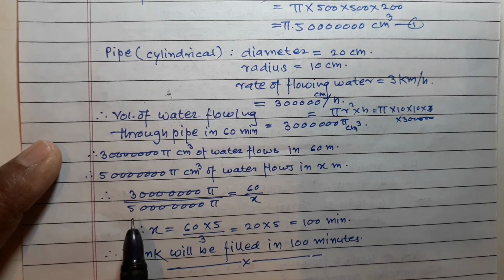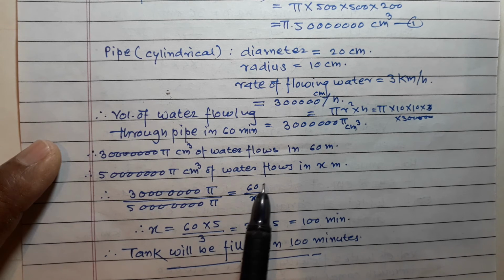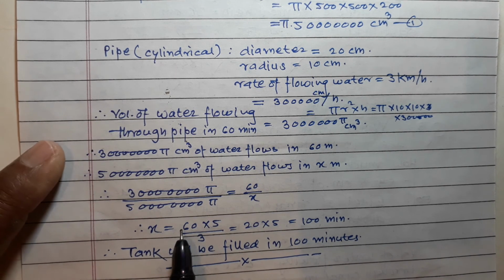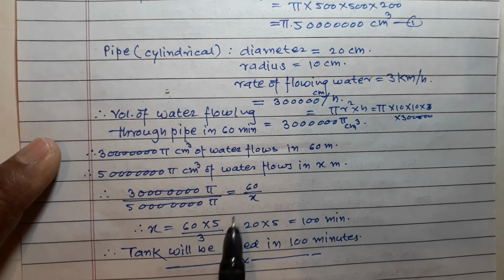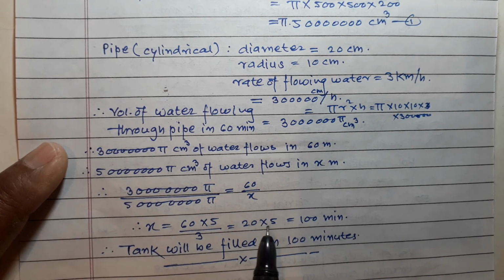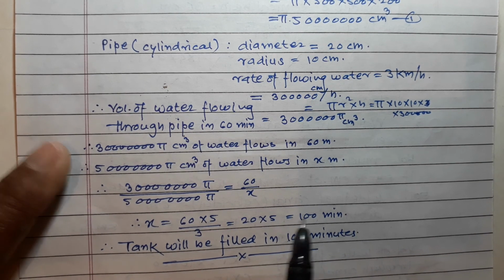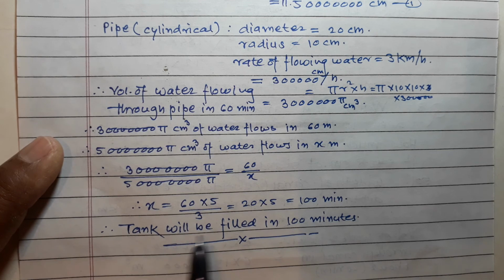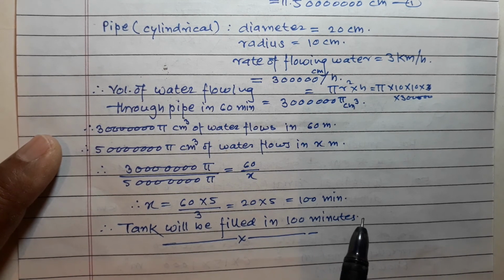All zeros get cancelled, so x is equal to 60 into 5 upon 3. So that is equal to 20 into 5, and x is equal to 100 minutes. So the tank will fill in 100 minutes.